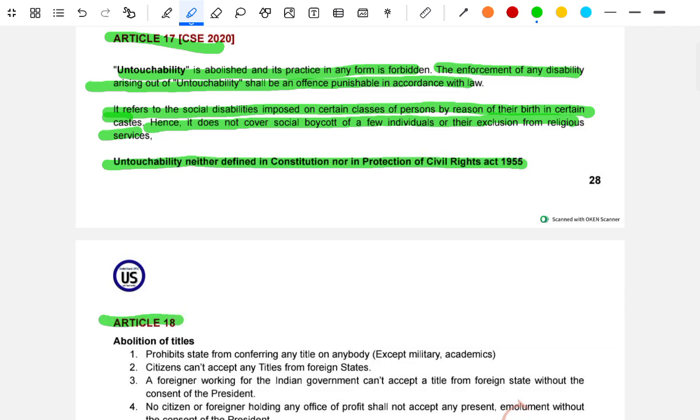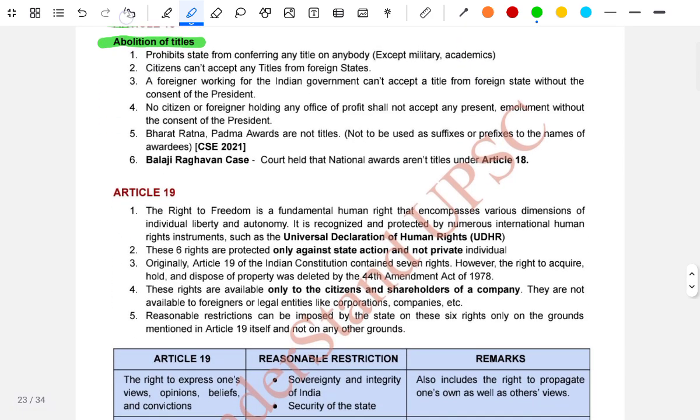Article 18: abolition of titles. It prohibits a state from conferring any title on anybody except military and academic distinctions. Citizens can't accept any title from a foreign state. A foreigner holding an office of profit from the Indian government can't accept a title from a foreign state without the consent of the President.